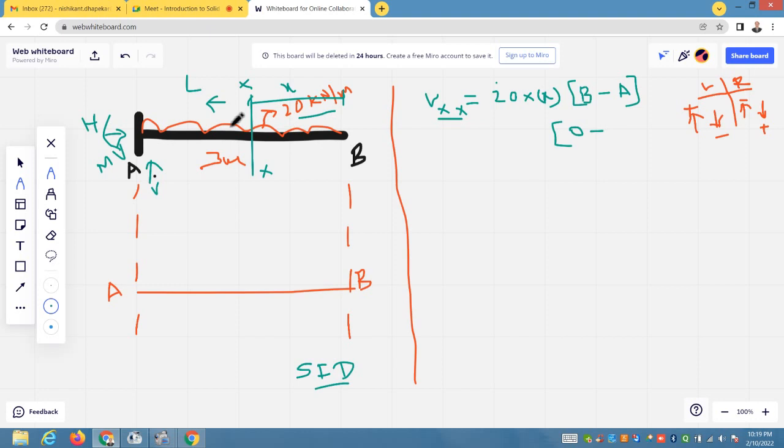When the section moves and reaches towards A, the x value will be 3 meters. So these are the two extremities or extreme boundary conditions for this section.